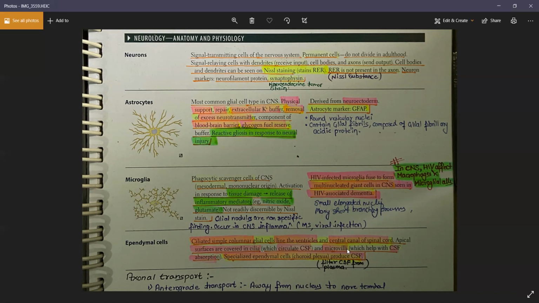All these bacteria first reach here, and through the choroid plexus they enter the CSF. Because of the inflammation in the CSF in the subarachnoid space, you will get the symptoms of meningitis, like neck stiffness. The neck stiffness only happens whenever you get an inflammation in the subarachnoid space, and that happens when the bacteria gains access to the subarachnoid space through the choroid plexus.